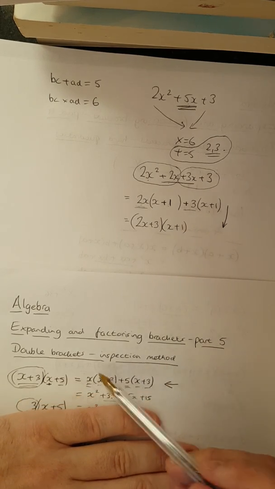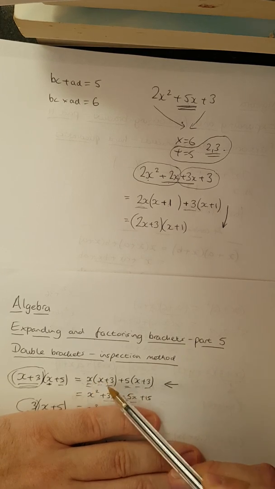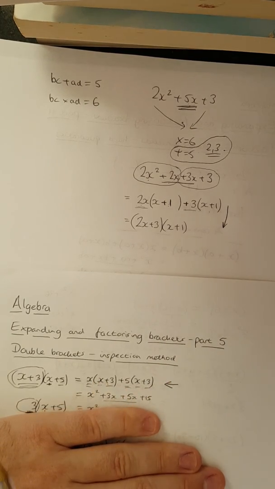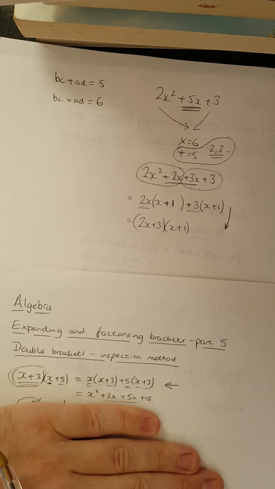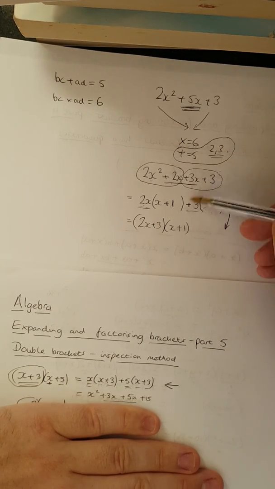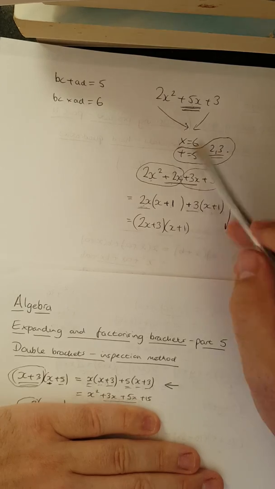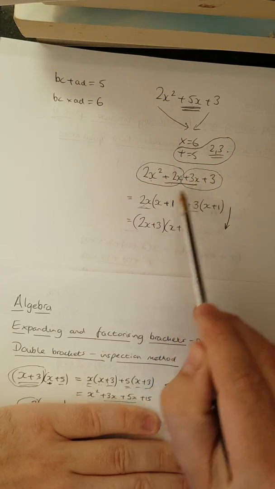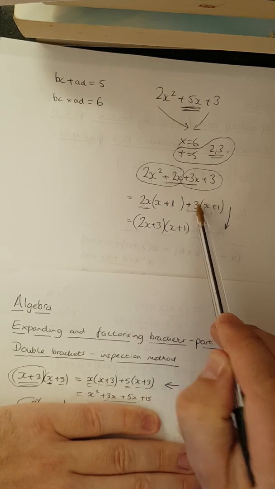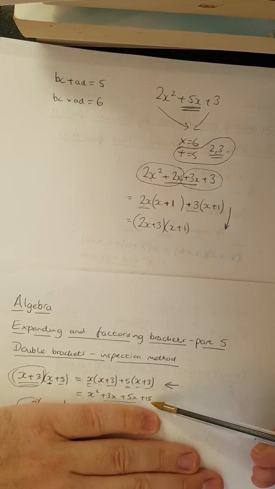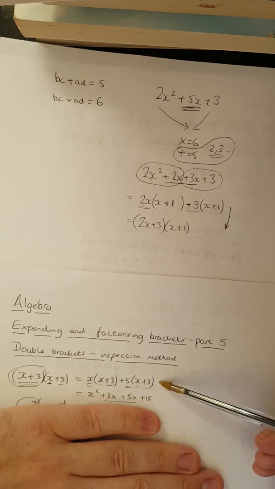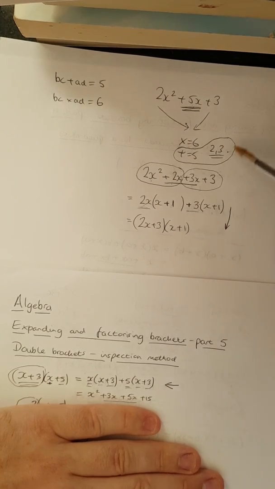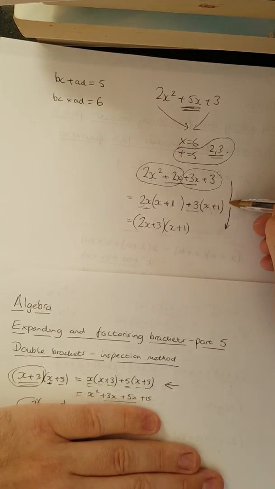We would then multiply the x by this bracket and the 5 by this bracket. Up here, how we got to these single brackets was we took the 2 pairs of terms and factorised them separately. So the opposite step again. Look from here to here. Expanding the single brackets, whereas we're putting it into the single brackets.